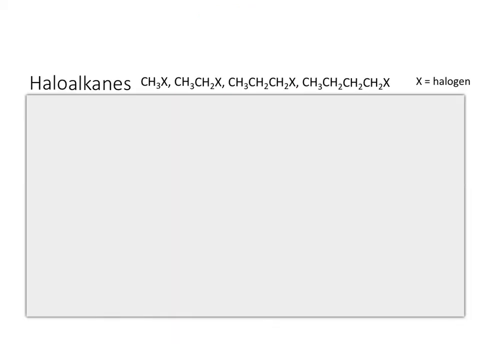So the next series we'll look at are the haloalkanes. These all have a halogen attached to a carbon, so they must all contain a carbon-halogen bond. I've just shown that by an X. Obviously the halogen could be any member of group 7. The first one starts just CH3 and an X, and then I add a CH2 group as I go through.